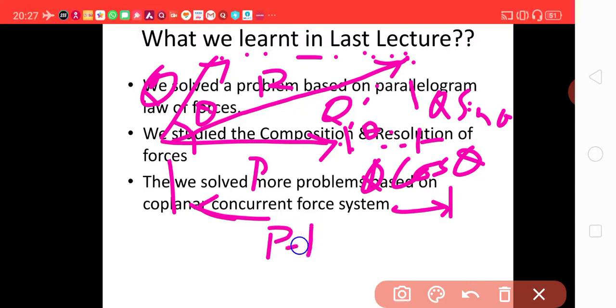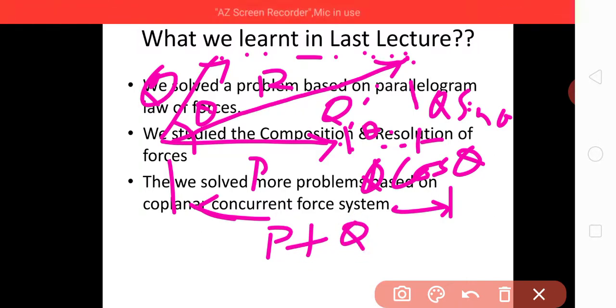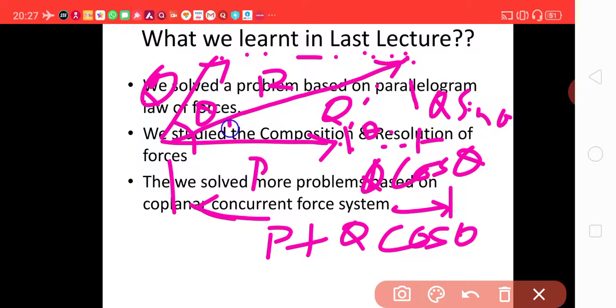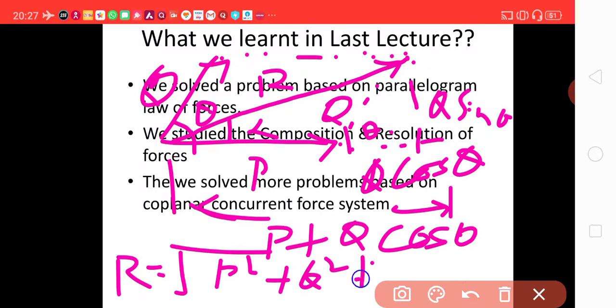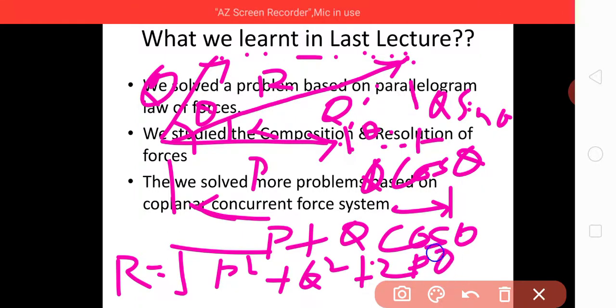This much will be P plus Q cos theta. If this angle is alpha, then by applying the Pythagoras theorem, we can say R equals under root of P square plus Q square plus 2 PQ cos theta.